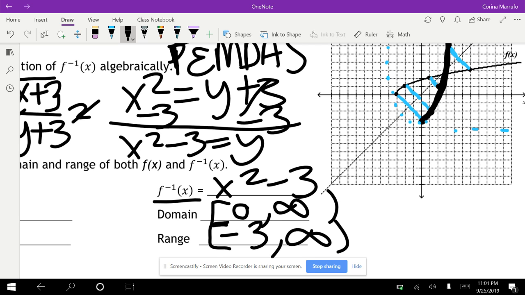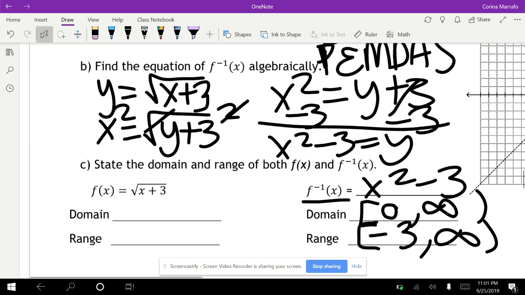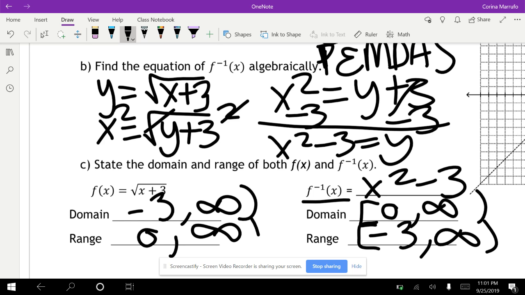Now, if we check our square root function for the domain and the range, our domain starts at -3 and goes all the way to positive infinity, and our range goes from 0 to infinity. As you notice, your domain and your range are opposites of each other on your inverse functions. This one corresponds to this one, which corresponds to this one.